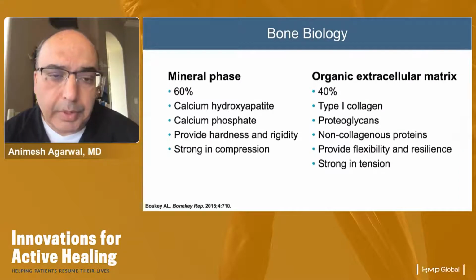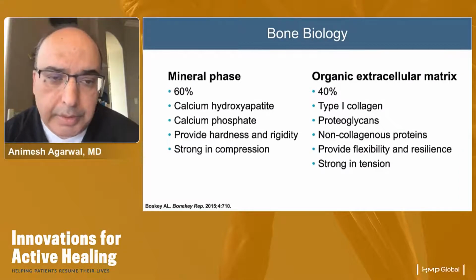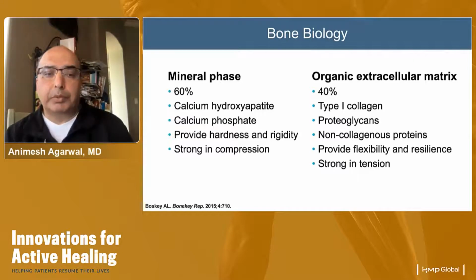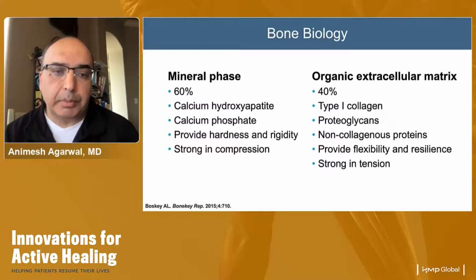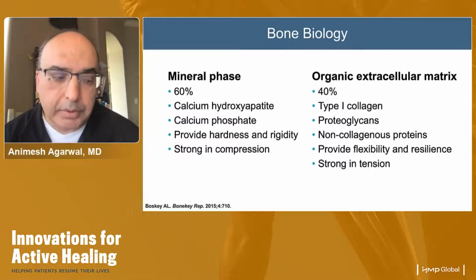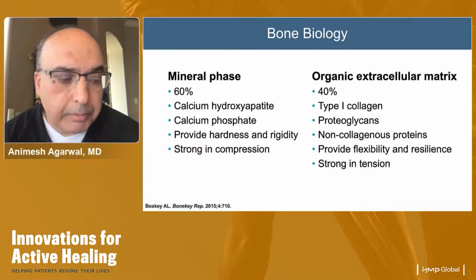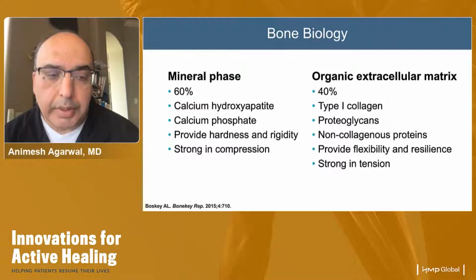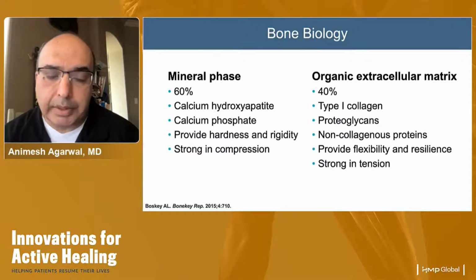So bone has been felt to be strong in compression, and that's attributable to its mineral phase, which comprises 60% of the bone. It has that calcium hydroxyapatite and calcium phosphate, which provides hardness and rigidity. And again, that's what provides the strength in compression.